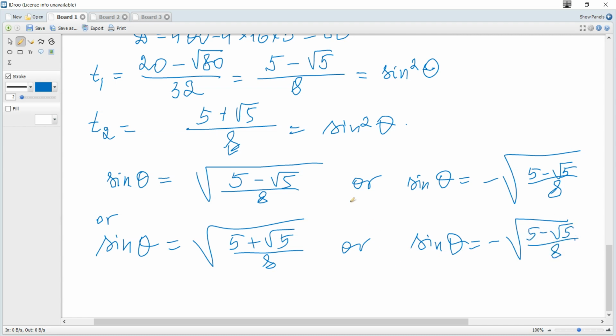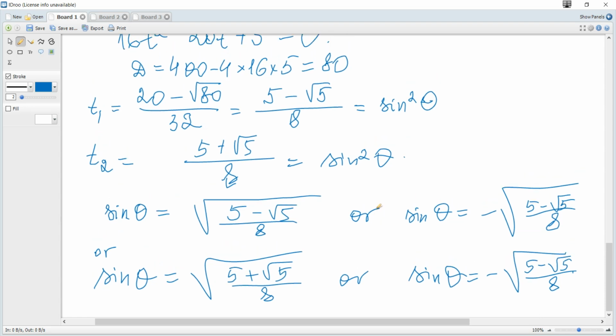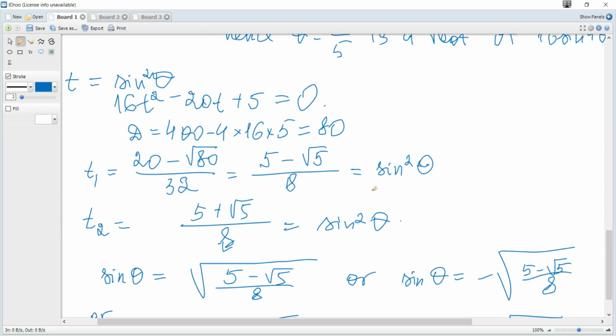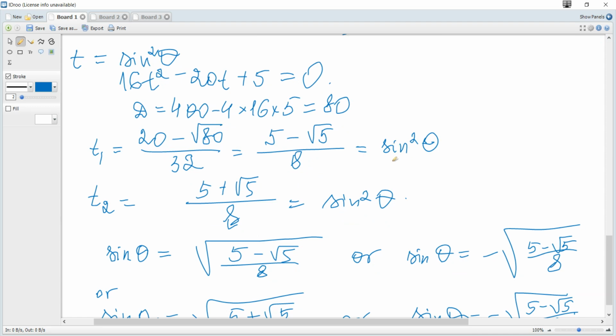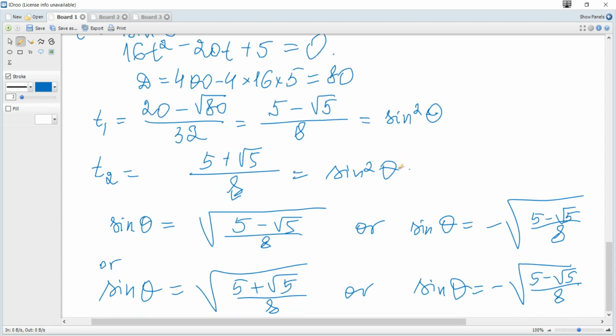And if you continue, in general, if you continue and find the values of theta, you will get what? Roots of what? Of this equation. And if you consider, for example, from 0 to 2 pi, there will be many roots.